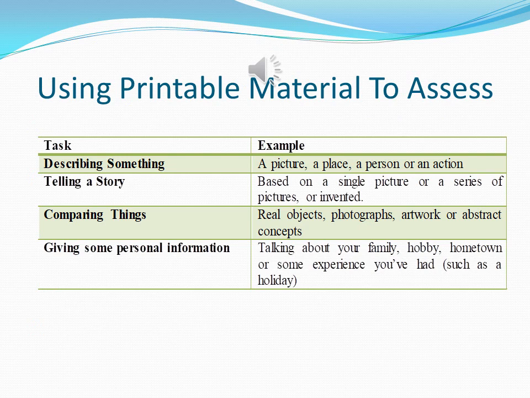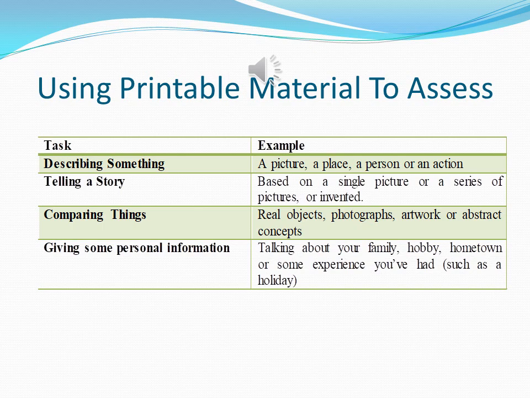Continue with printable material to assess. For example, we can use a flashcard describing something, with a picture of a place, a person, or an action. Another way to assess is telling a story based on a single picture or a series of pictures, or invented.